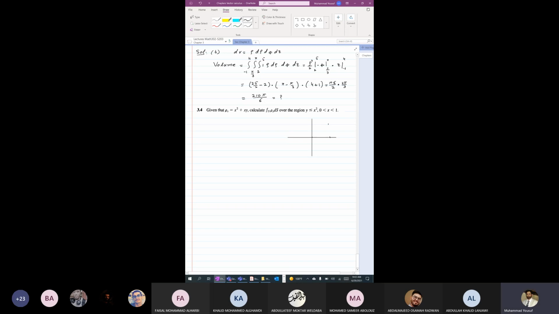So we have this, and then x is from 0 to 1. So we have this line. And y is less than or equal to x squared. So we have this part.